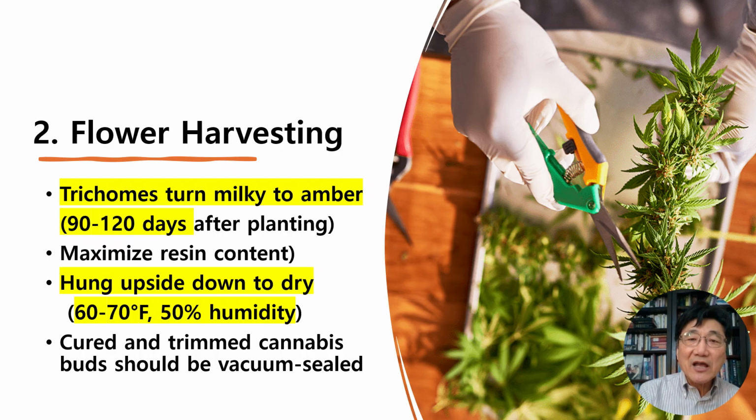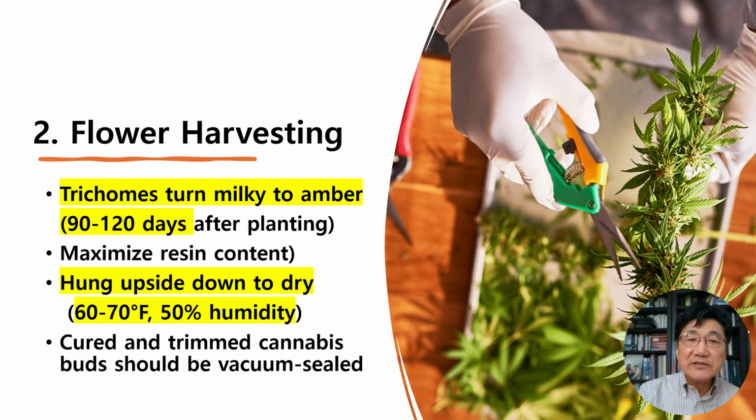Cannabinoid harvesting optimizes THC and CBD potency and yield by timing the cut based on trichome color, milky to amber, and the pistil development, typically 90 to 120 days after planting.